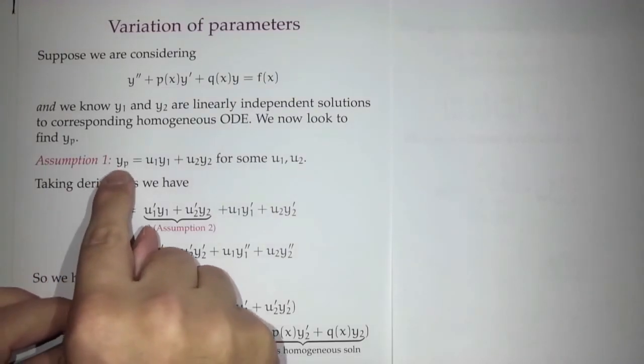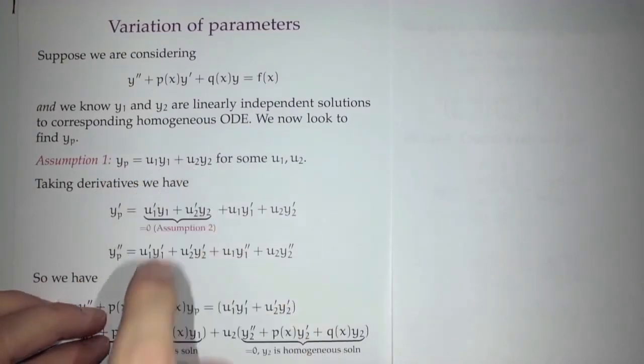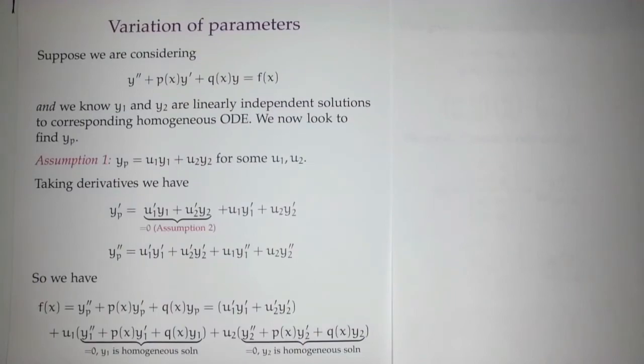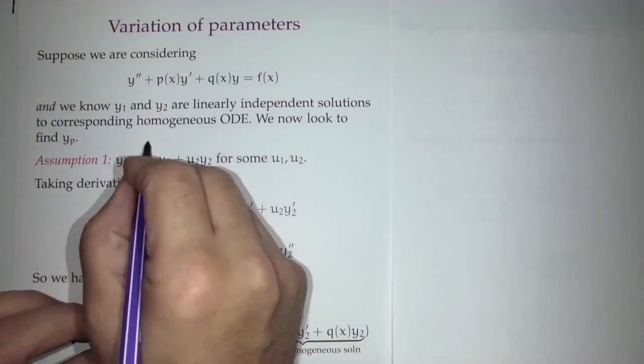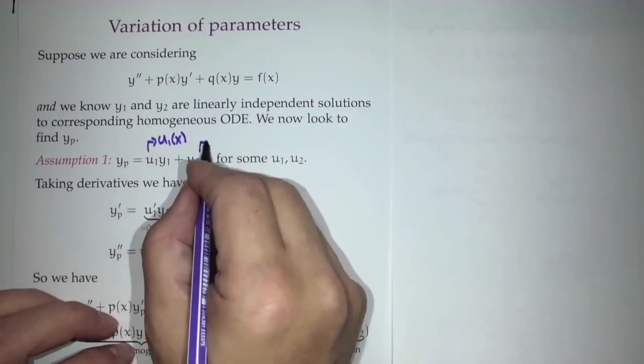So we're going to make an assumption. Namely that our particular solution looks like u1 times y1 plus u2 times y2. Now, at this point you're thinking, this feels kind of like we have these coefficients and we just have to figure them out. And we do. But here's the fun part. u1 is actually not just a number, it's a function.